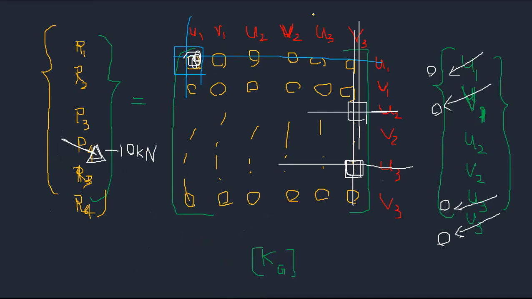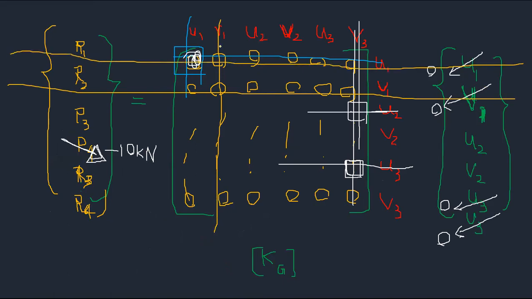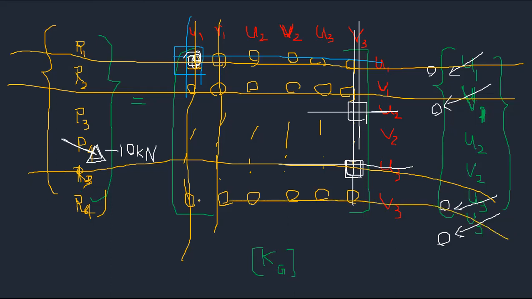We will understand in an example how to find these reactions. If the displacement is 0, you can close that row and column. If U1 is 0, close the U1 row and U1 column. Similarly, U3 and V3 are 0, so close the U3 and V3 rows and columns. Whatever remains can be taken to find the displacements.